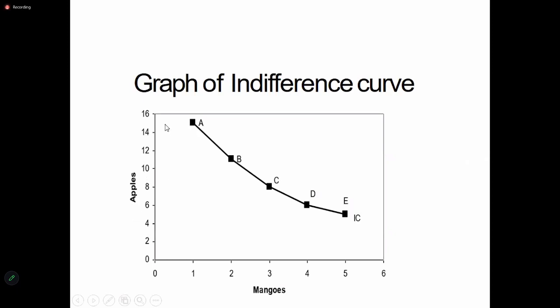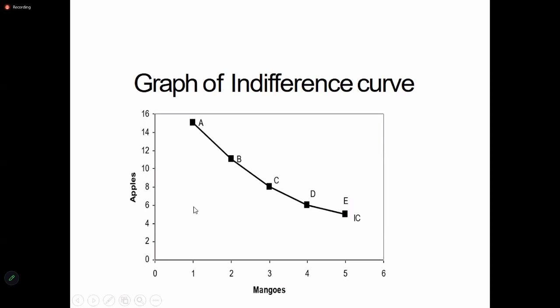Here, let's say 15 apples and 1 mango give the same satisfaction as 12 apples and 2 mangoes, if you take the full figures.